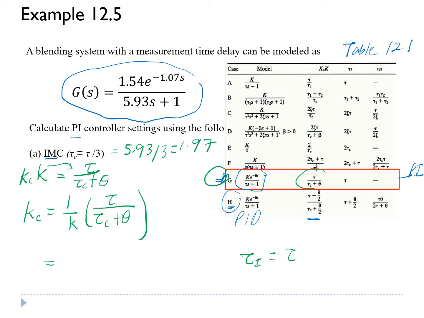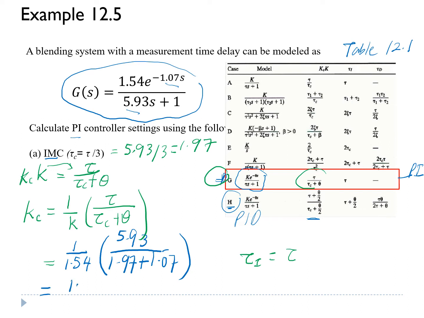which is also equal to 1.97. Now substituting the numerical value, 1 over K, your K is 1.45, tau is 5.93, divided by tau C, which is 1.97, plus time delay, which is 1.07, which gives you the value of Kc equal to 1.27, and your tau I equal to tau, so your tau value is 5.93.